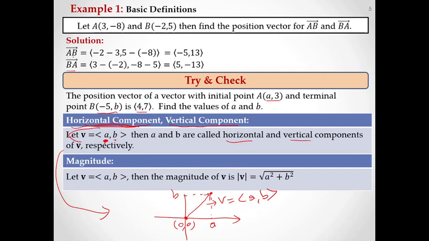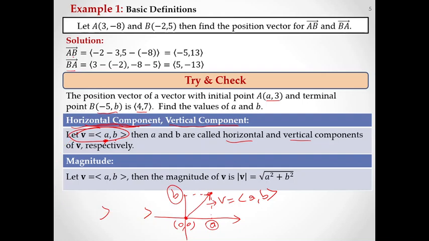You can think of it as starting from the origin and going up to (A, B). So A will be its horizontal component, and B will be the vertical component.